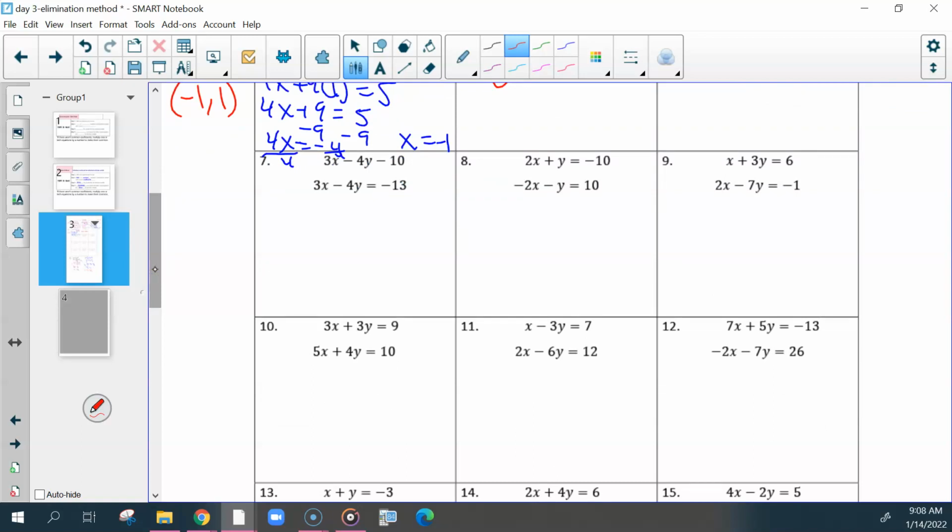For 7, here we have x's and y's that are both the same. That means you have a choice. You could pick x or y to eliminate. And we would add or subtract to eliminate. Subtract.